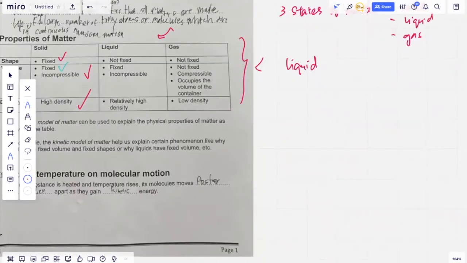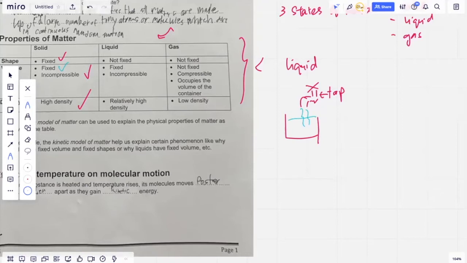You see liquids, as in just now the water flowing out from the tap. Pardon me, drawing horrible. So water from the tap. If I pour the water into a square container, the water will take the shape of the container, right?